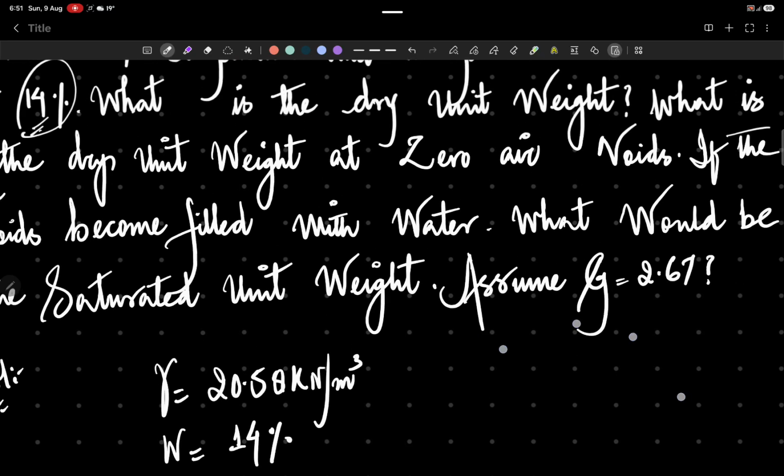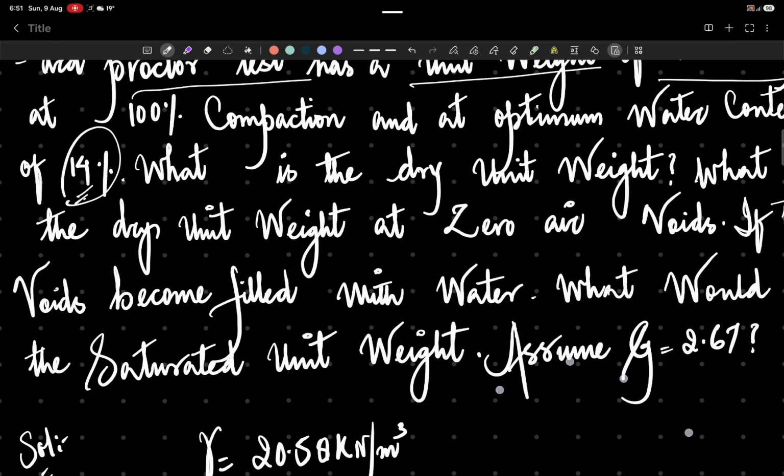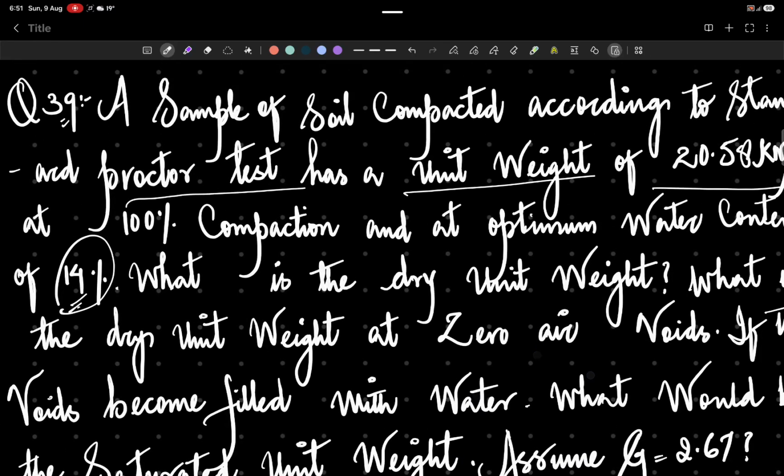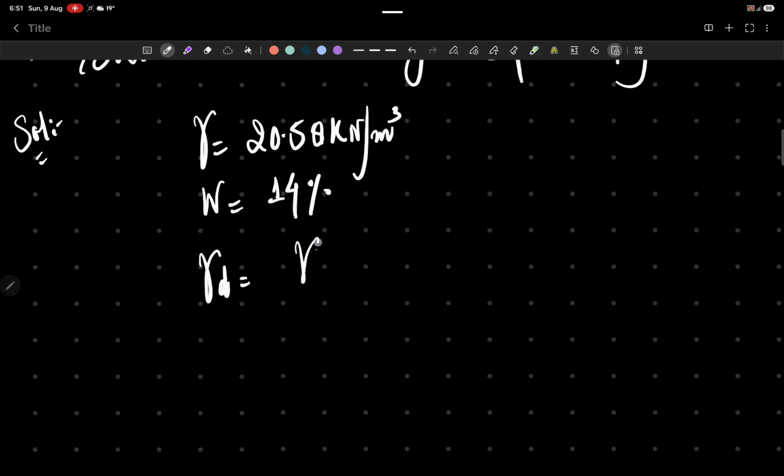All right. So the first thing that we have to find is the dry unit weight. So the dry unit weight is equivalent to bulk unit weight or the total unit weight divided by 1 plus water content.